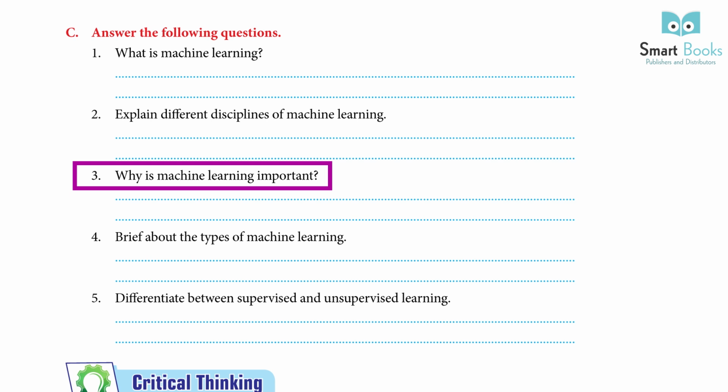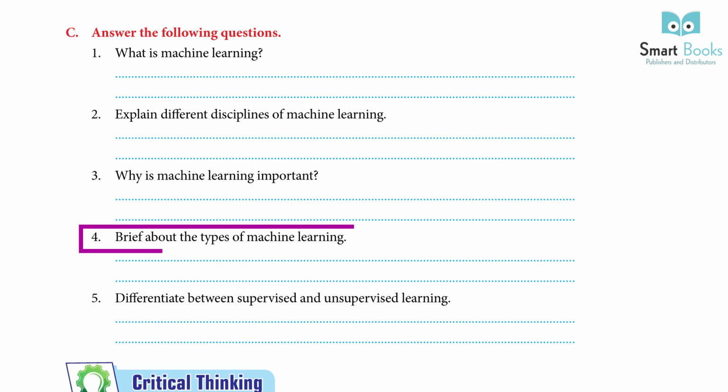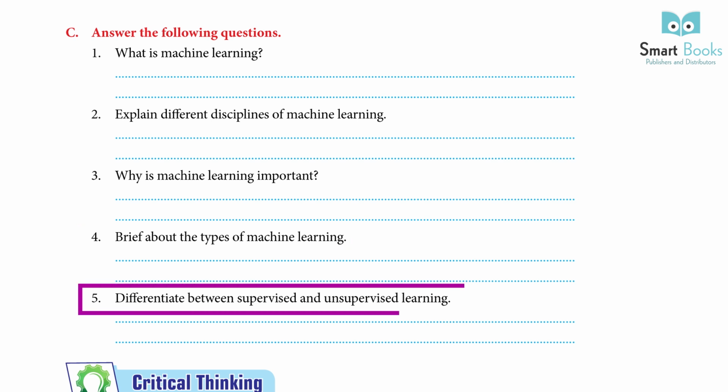Answer: machine learning is important to improve the ability of a machine to assist people more effectively in different tasks. 4. Brief about the types of machine learning. Answer: types of machine learning. 1. Supervised learning. 2. Unsupervised learning. 3. Reinforcement learning.